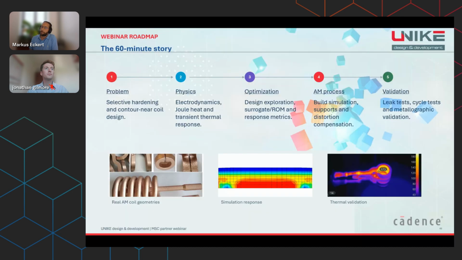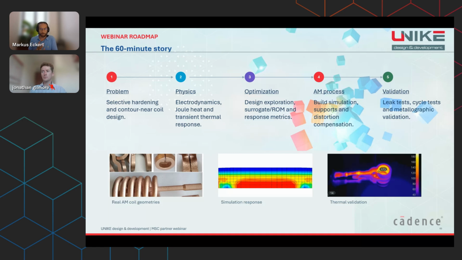The next roughly 35 minutes of presentation are structured into 5 blocks. First, we look at the technical problem. Why is a contour near induction coil needed at all, and why is the design not trivial? We then move into the physics: alternating current, magnetic fields, eddy currents, Joule heat, transient temperature response, and phase transformation. In the third step, we translate these simulation results into optimization responses and show how Odyssey can make expensive CAE runs usable in an efficient exploration workflow.